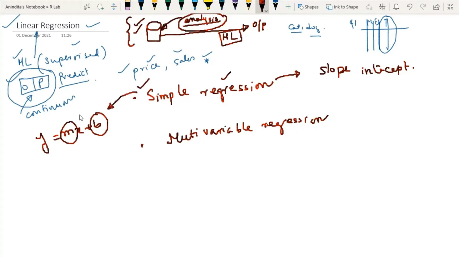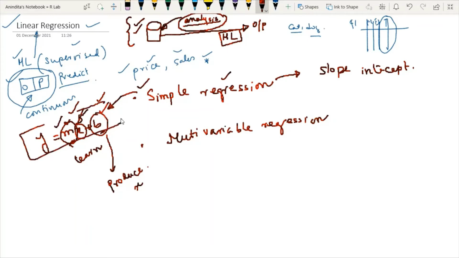It means basically my algorithm will try to learn these variables m and b, so that it can produce accurate predictions.